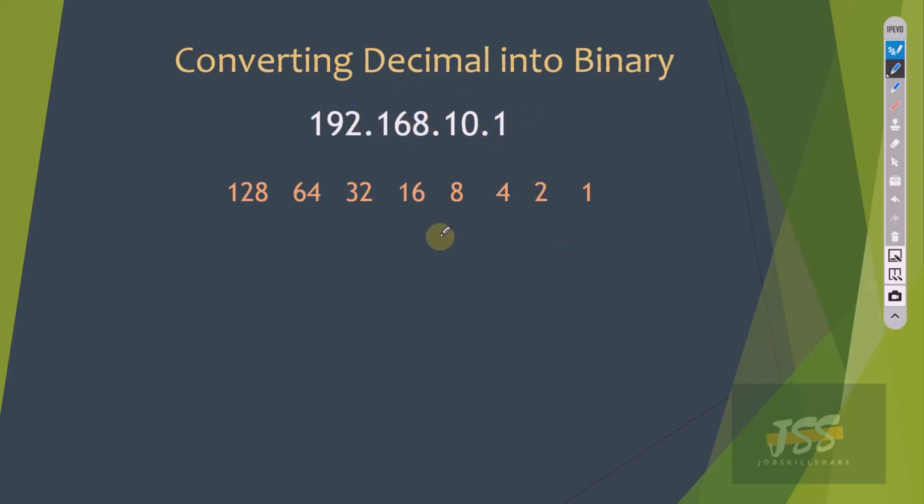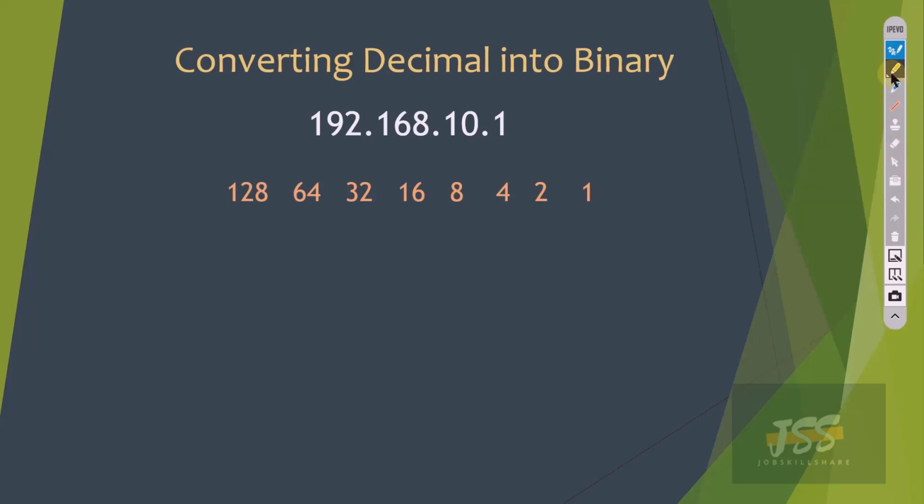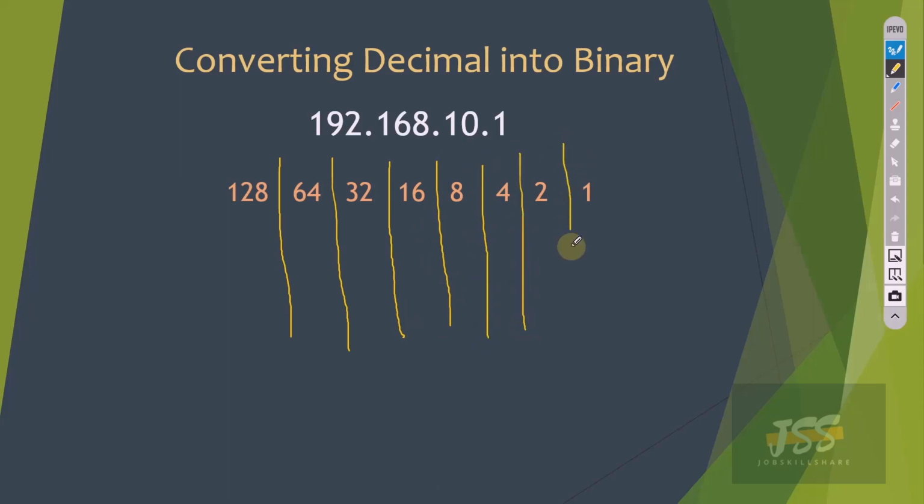So let's start with the 192 first. If we just draw a line here, basically we are going to convert decimal into binary. How to make 192 by adding these values?